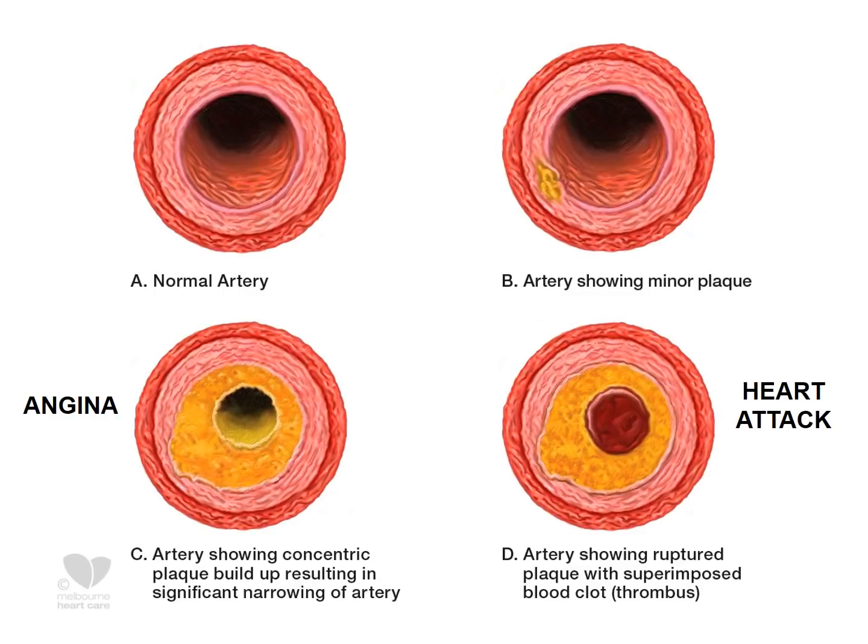Normal artery, an artery showing some minor plaque where you would expect the individual to be relatively asymptomatic. An individual with significant plaquing in that artery, that individual more than likely will be experiencing angina. That angina may be chronic and stable, so that person knows, okay, I know that every time I walk up 2 flights of stairs, I'm going to start having some chest pain, feel a little short of breath.